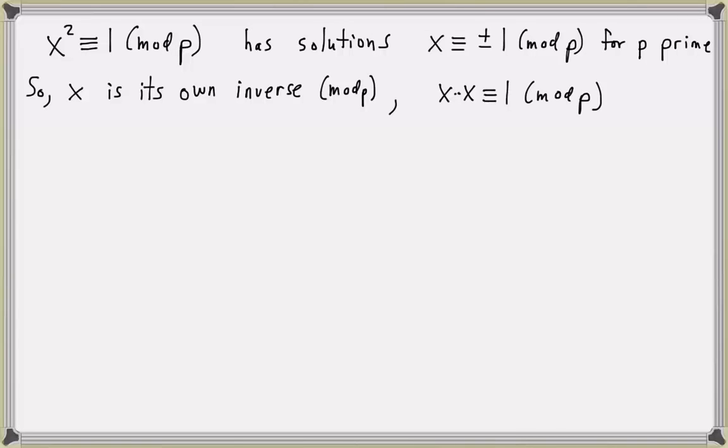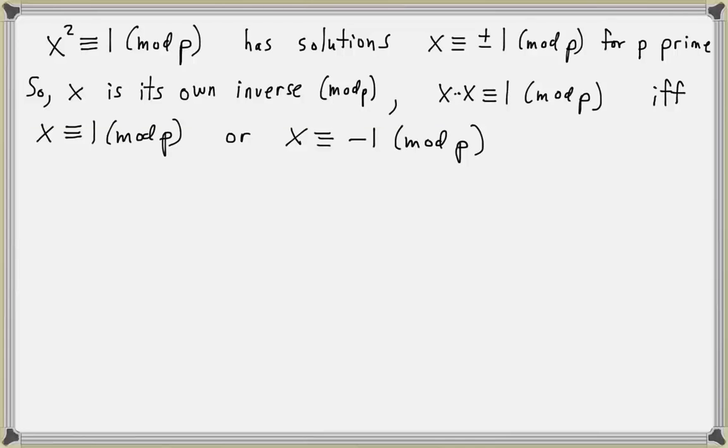We see that x is its own inverse if and only if x is congruent to 1 mod p or x is congruent to negative 1 mod p. So we will need this fact when we prove Wilson's theorem.